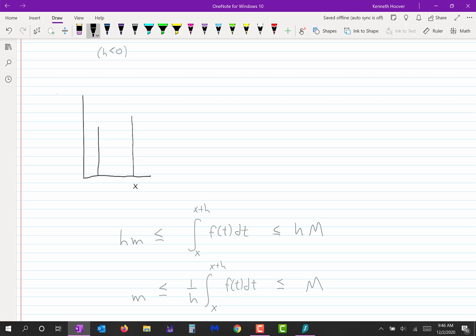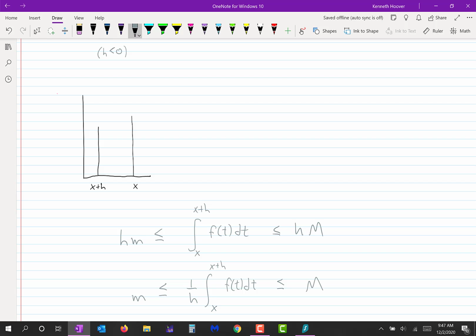If h is negative, then x plus h means you're taking some away from x. And so you would get that. I don't think we need to go through the whole argument again. I just want to convince you that the argument would still have worked.